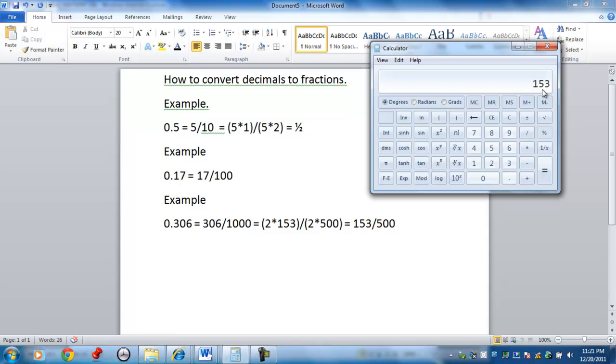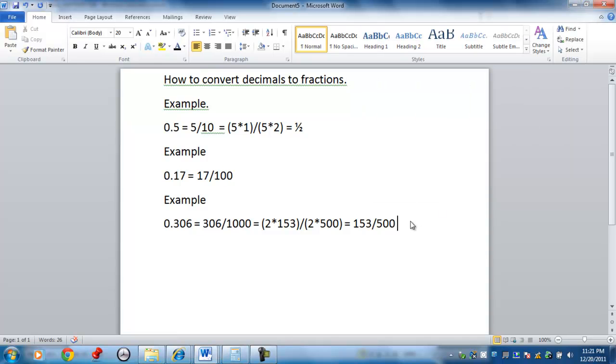This has a common factor of 9, because if the sum of the digits is divisible by 9, then, for example, 153 divided by 9 would give you 17. 153 is also divisible by 3, because if you add the digits, it's 9.